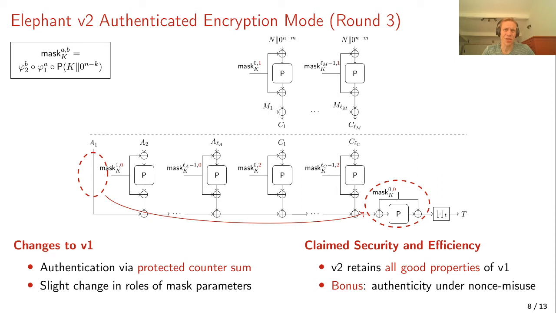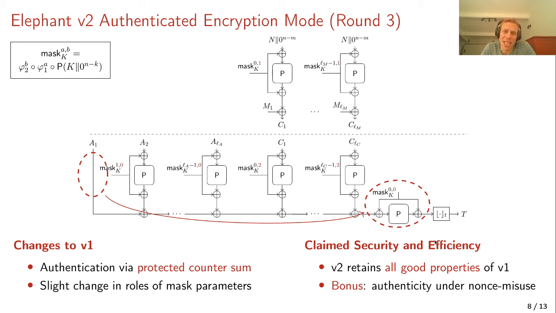In addition, we claimed that this scheme also achieves authenticity under nonce misuse. No confidentiality, but authenticity. And the trick here is that we moved from a Wegman-Carter-Shoup mode to a protected counter sum mode. So you have a counter value here, the bottom line, and that one is protected by this call.